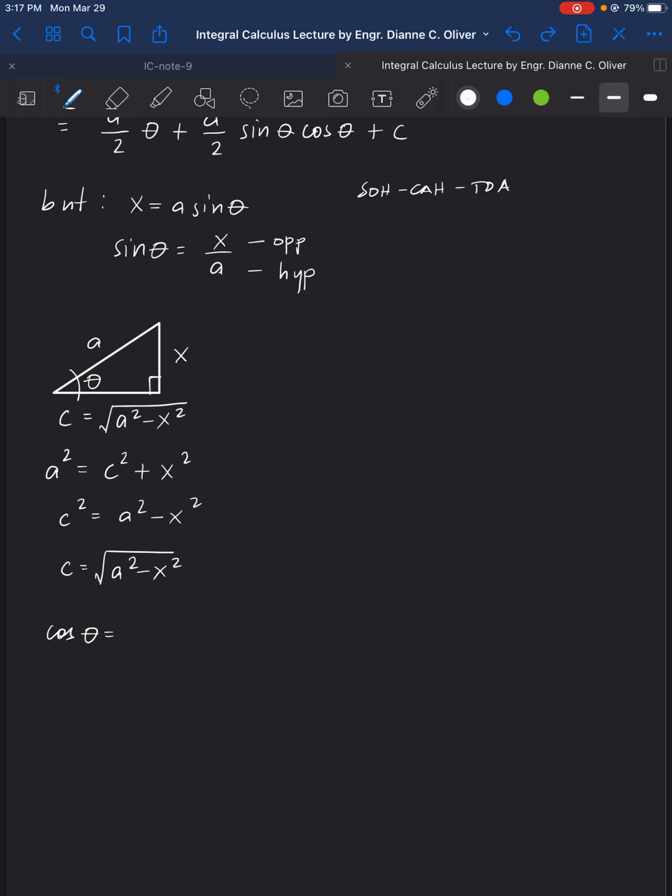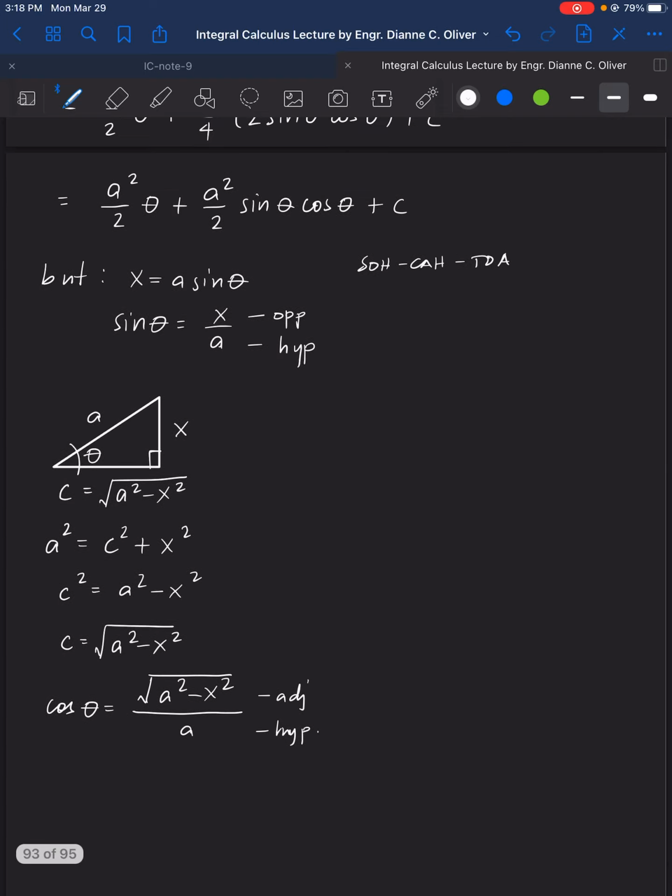Adjacent is C, which is the square root of A squared minus x squared, all over the hypotenuse A. So from the answer that will be substituted, we finally have the value for sine theta and the value for cosine theta.